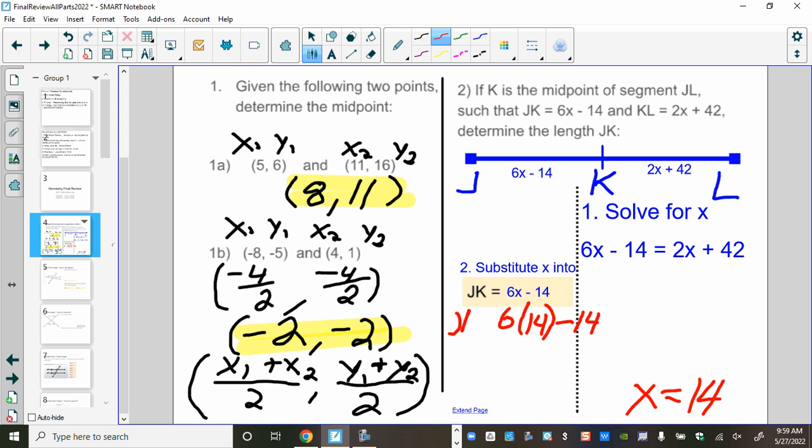Good job. All right, questions? So that's exactly how you do this problem.